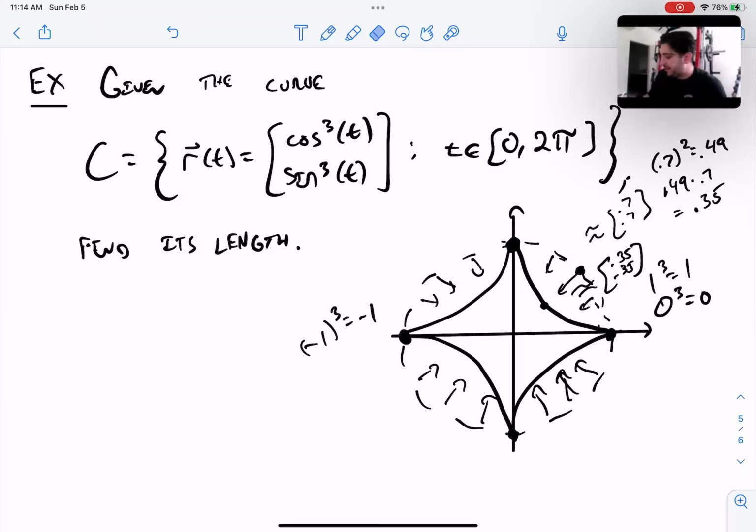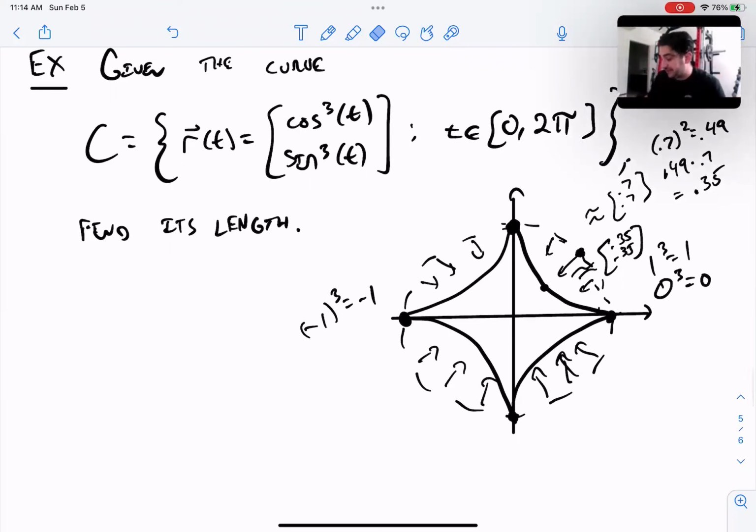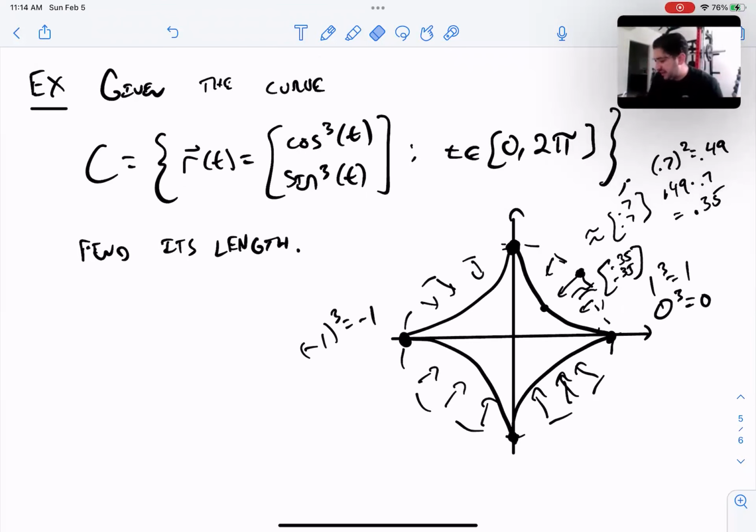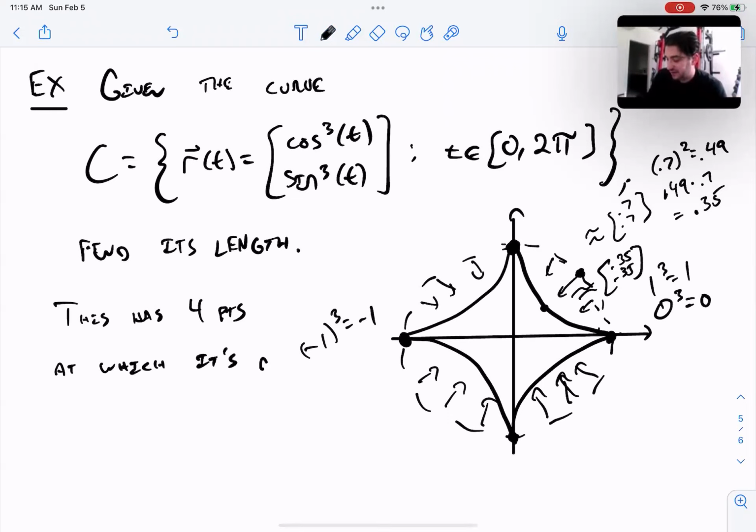Okay, so now suppose I want the length of this star shape. What can I do here? Well, notice that this has 4 points at which it's not smooth. The first 4 points that I drew are all cusps on this graph.